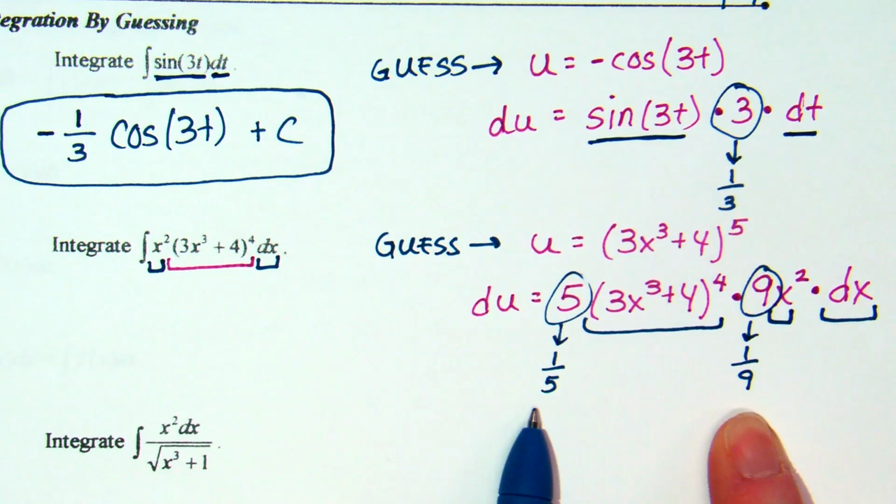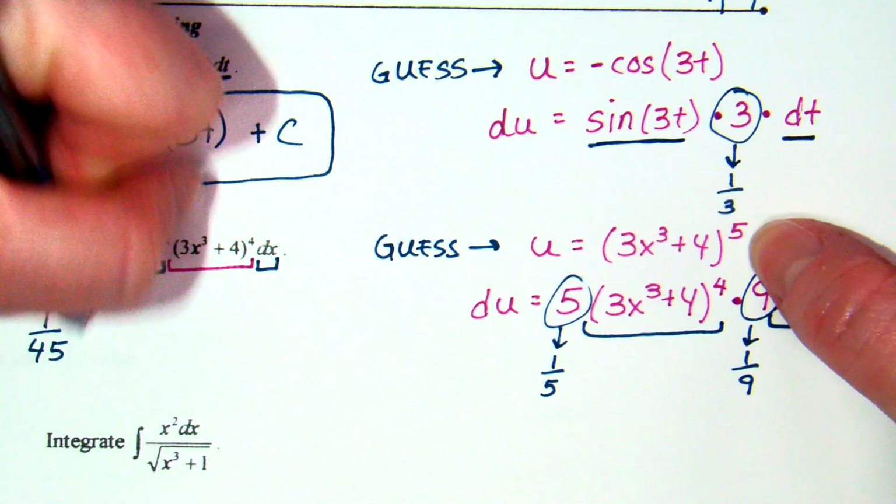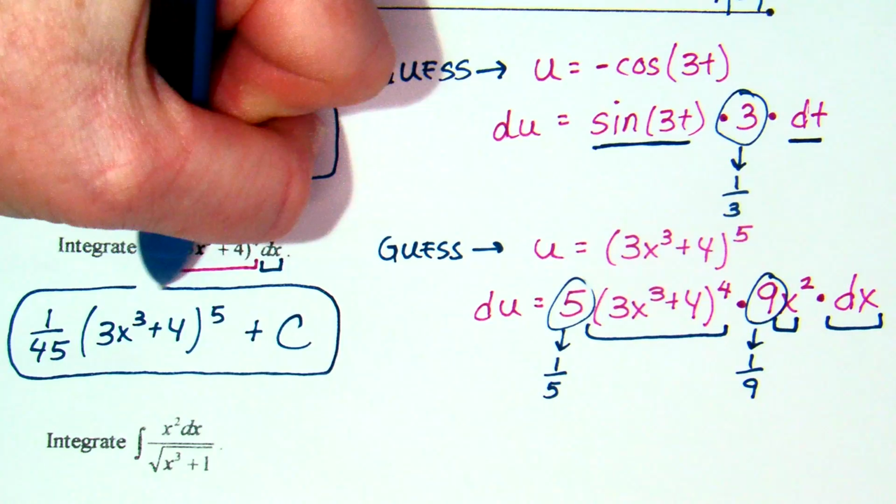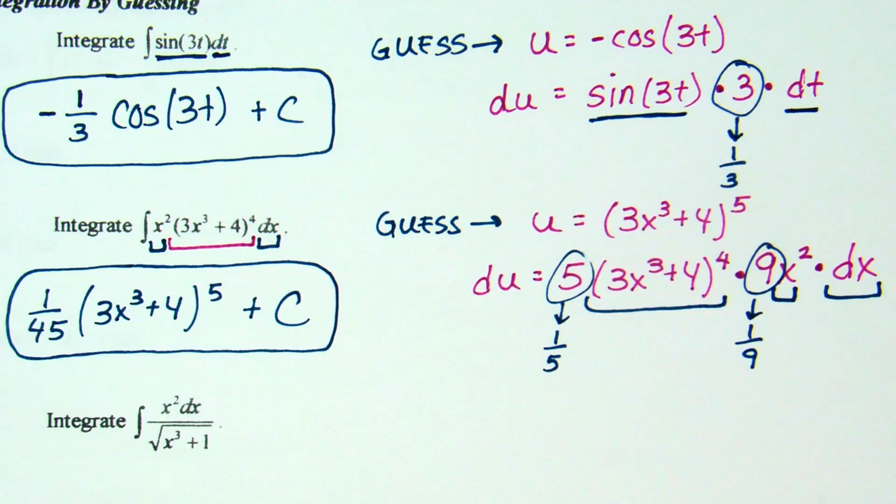So I'm going to say 1/45 times my guess of 3x cubed plus 4 raised to the quantity of 5, plus c. Obviously, you may find ways to think about this slightly differently and on your own, but as long as you're getting there, that's what matters. Questions?